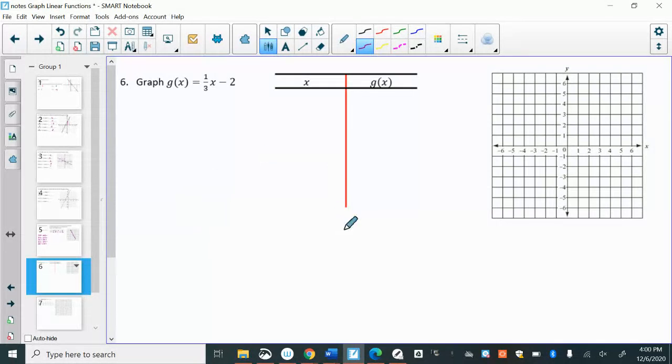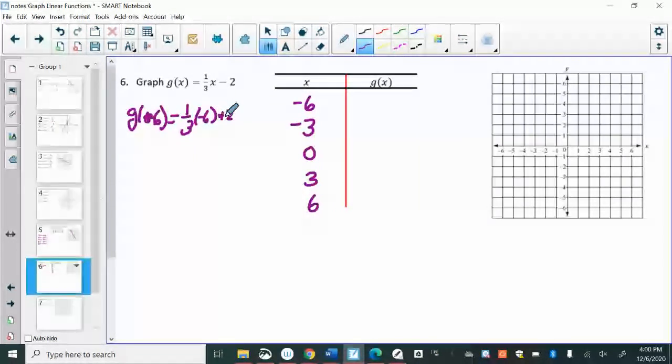I'm going to do one more for you. This time we're using a T-chart instead of a table. I want to pick numbers that are going to cancel out with 3. So this time I'm going to pick -6, -3, 0, 3, and 6. What is g of -6 first? That would get you -2 minus another 2.